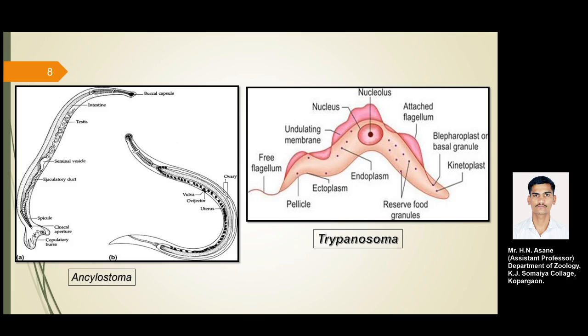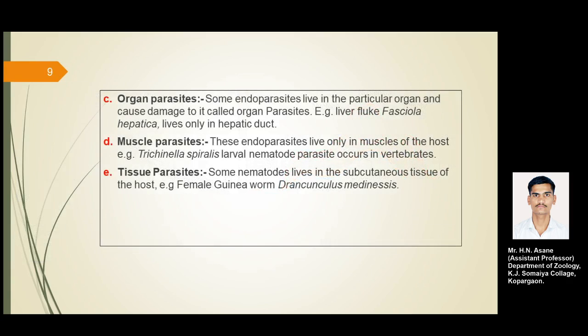Okay, let's move towards the third, visceral endoparasites known as the organ parasites. Some endoparasites live in a particular organ and cause damage to it, called organ parasites. These organ parasites cause damage to some particular organ.